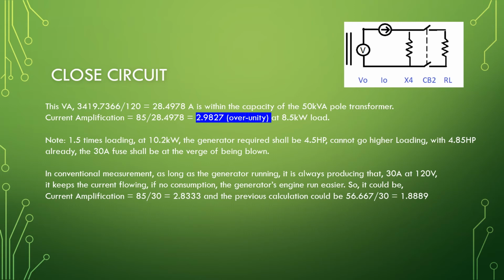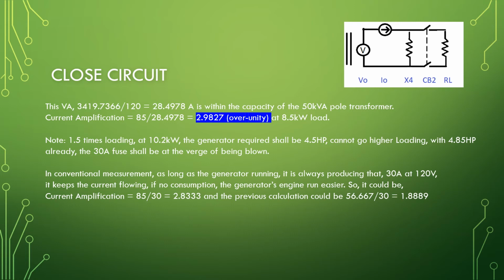In conventional measurement, as long as the generator is running, it is always producing that 30 ampere at 120 volt. It keeps the current flowing. If no consumption, the generator's engine will run easier.